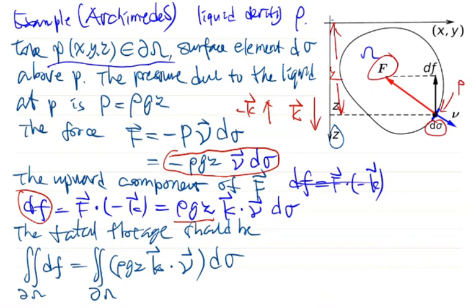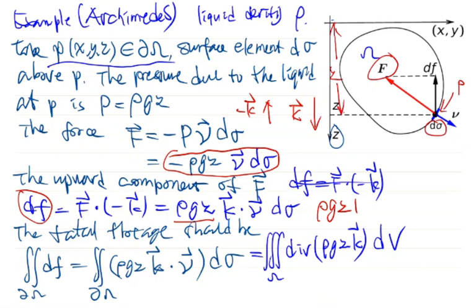Now we apply the divergence theorem. This will equal the triple integral of the divergence of rho gz k, a volume integral. But what's rho gz k?